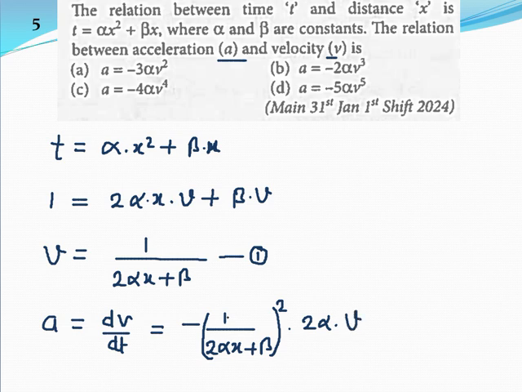And this bracket, if we see from equation number 1, represents v and has a square, so the arrangement gives minus 2 alpha v cube, option number B.